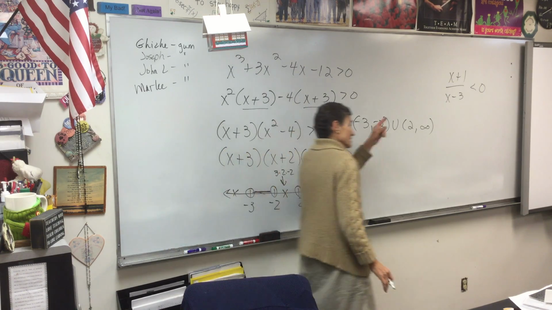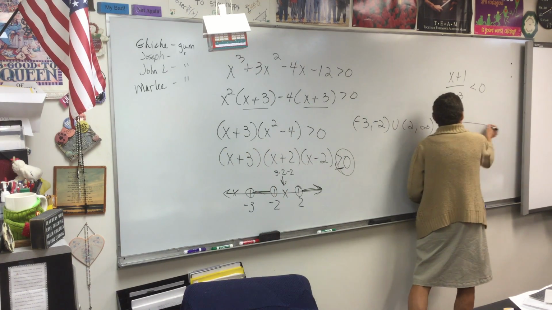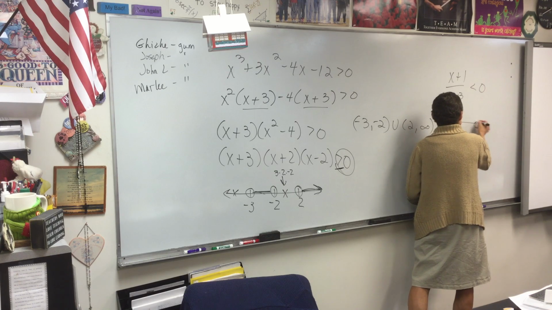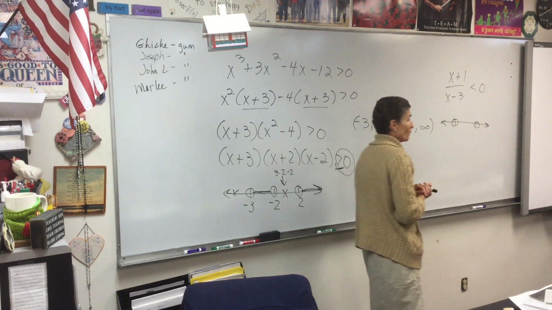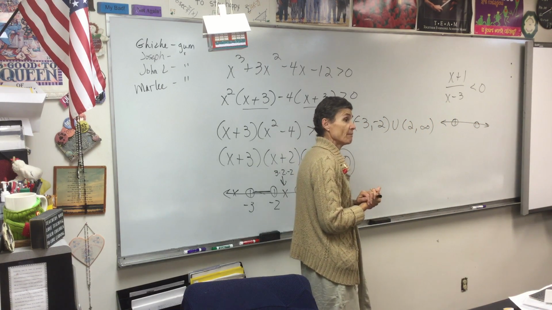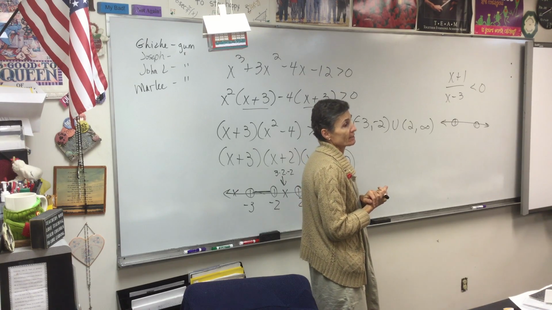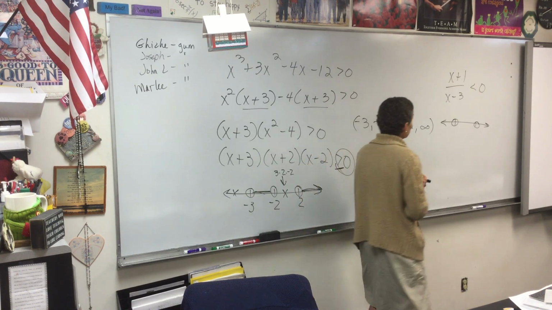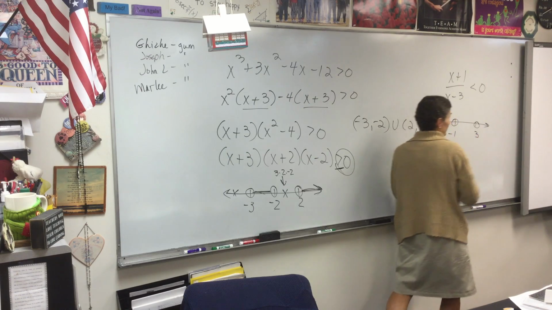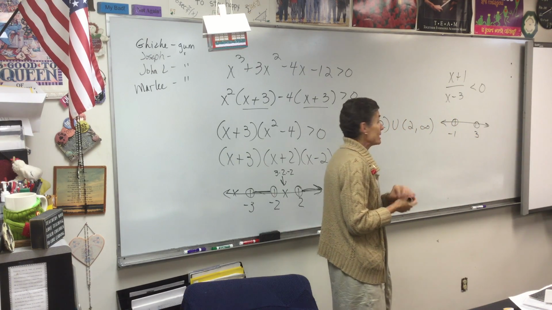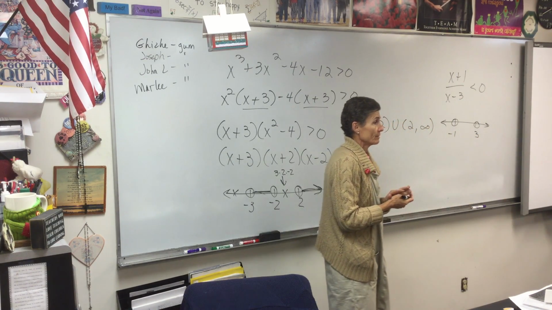All right, so back to this one. I'm going to put 2 dots on this number line, and I bet you can tell me where they are. Even though the problem looks different, I bet you can tell me where the dots are. -1 and +3. Is anything squared?